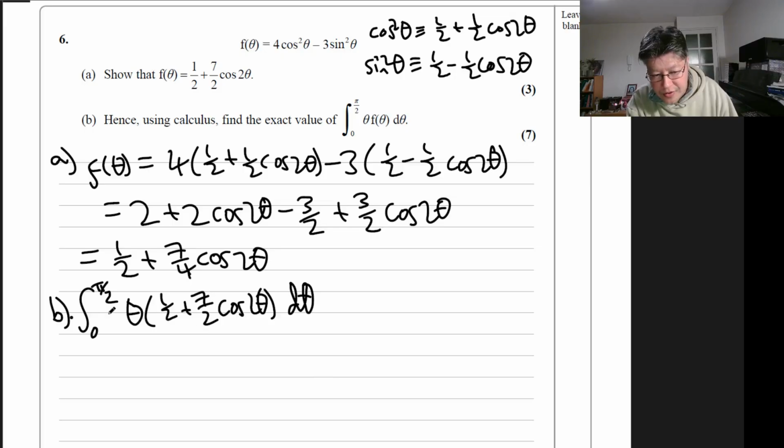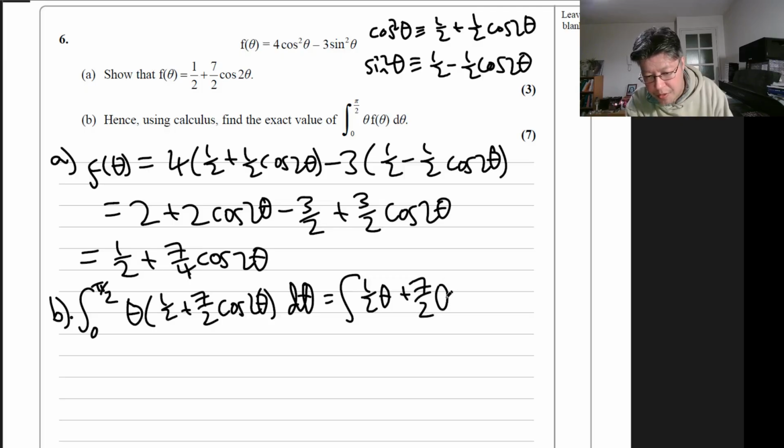And let's just expand that out. So that's the integral, we can ignore the limits for the time being. So half theta plus 7 over 2 theta cos 2 theta d theta.